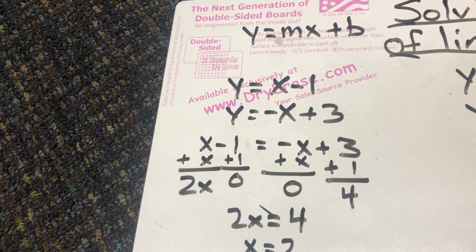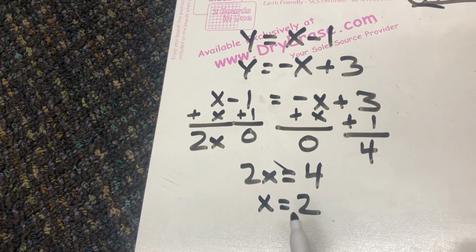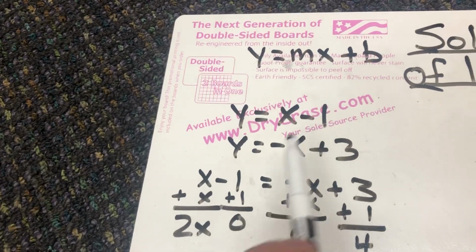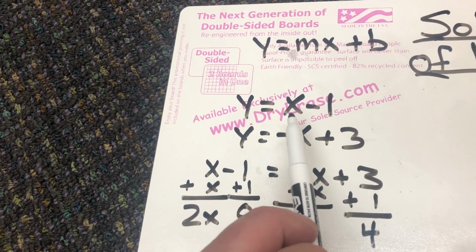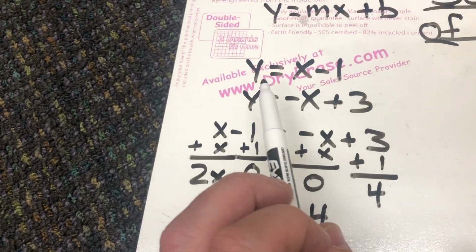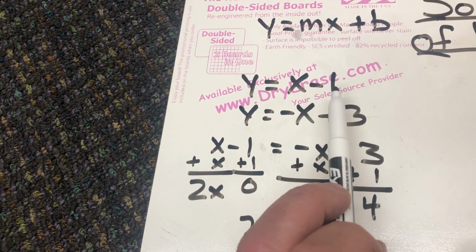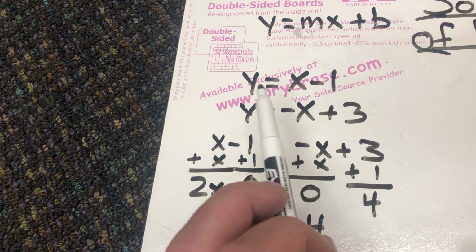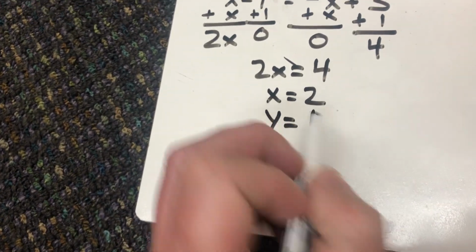Then I have to go back to my original equations and plug in 2 for x. I decide where I want to plug it in, and I'm going to plug in 2 right here. If x is 2, then I'm going to do y equals 2 minus 1. Well, 2 minus 1 is 1. So that tells me that y equals 1.